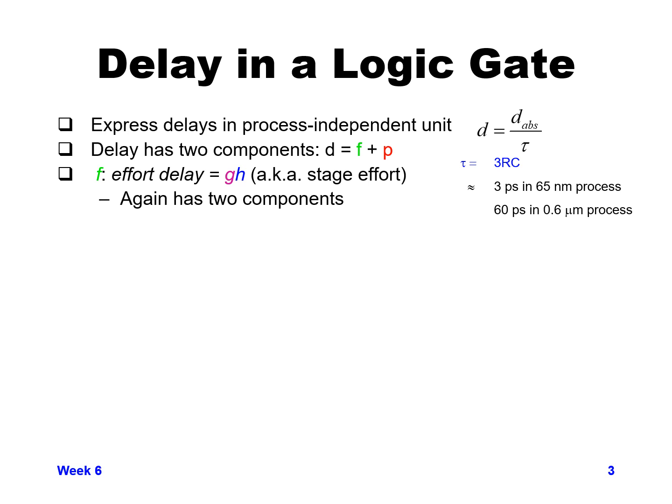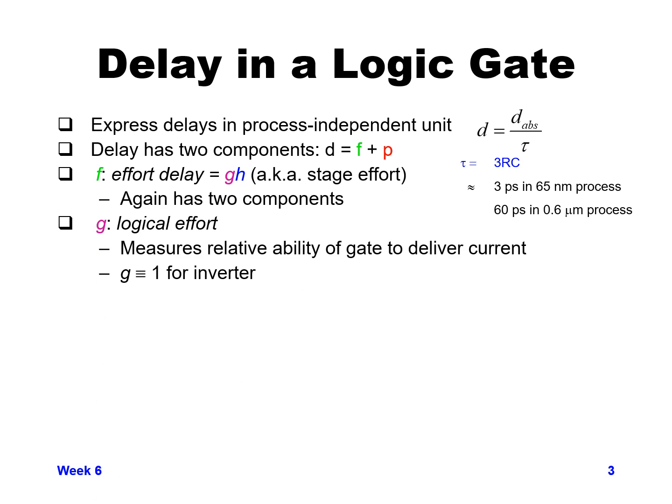And this is the stage effort, how much it takes to get the delay through a given stage driving another stage. And that stage effort, that effort delay, comes with two components, g and h. The g value is the logical effort for the stage.